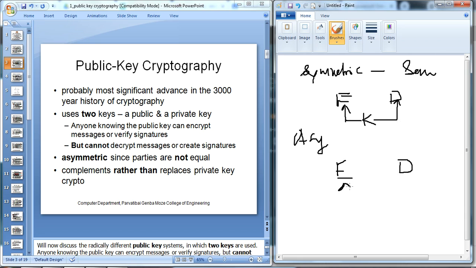But under asymmetric key cryptography, if K1 is used for encryption, then for decryption it uses K2.